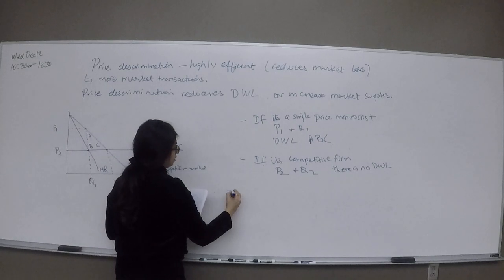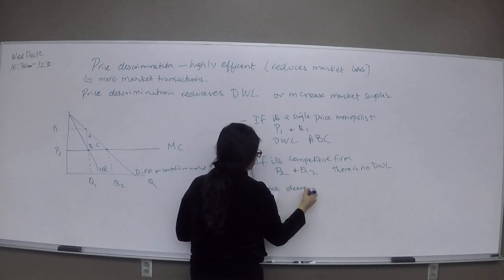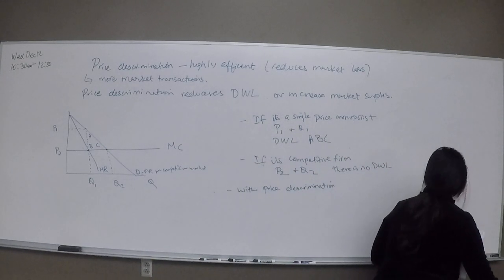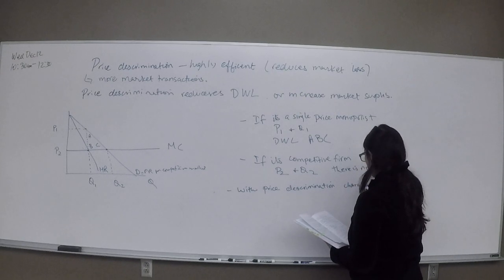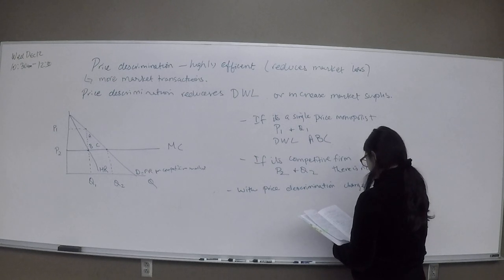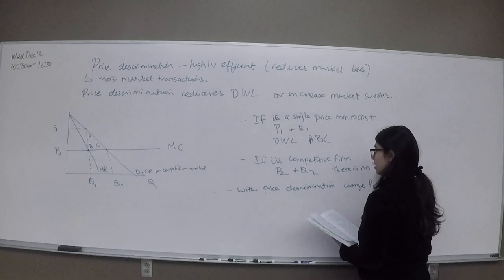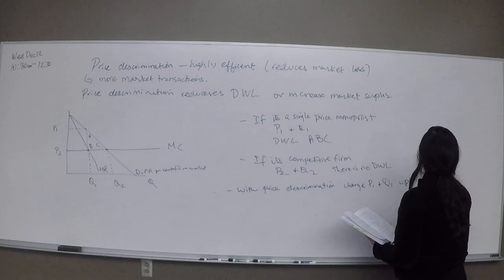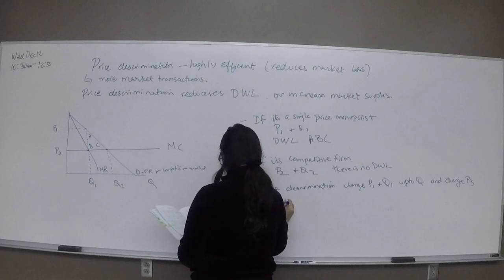With price discrimination, charge P1 up to Q1, and charge P3 for Q3 minus Q1.